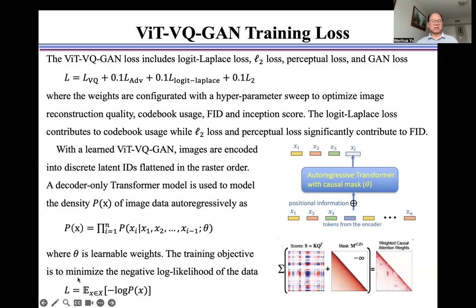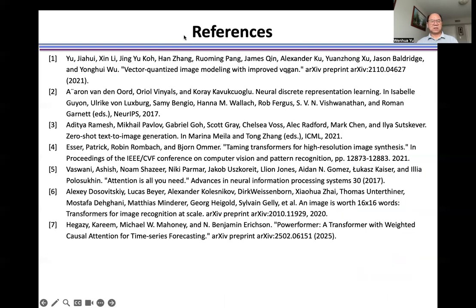The training objective is to minimize the negative log likelihood of the data, as shown here. This is the autoregressive transformer with causal mask, this is the input, this is the output, and this is the mask. For more details, please check these references.